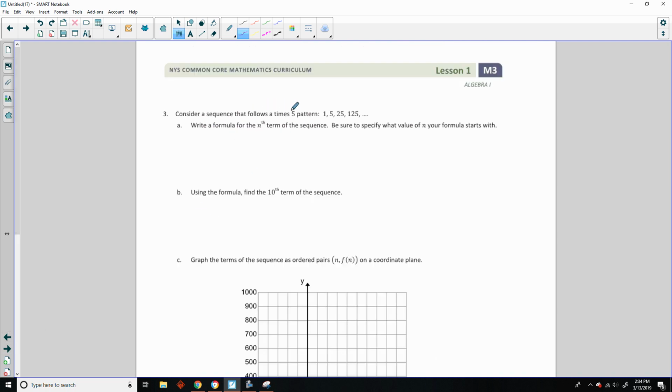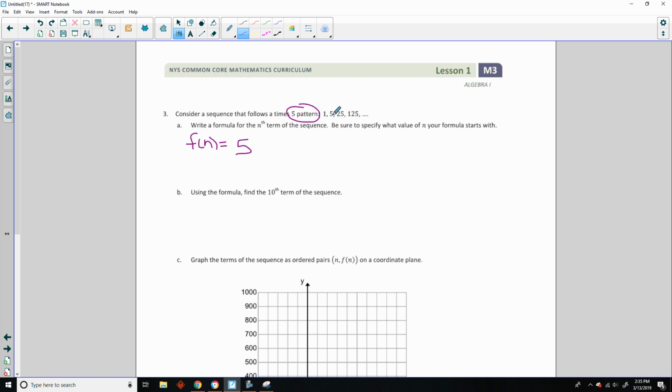Consider the sequence that follows a times 5 pattern: 1, 5, 25. Write a formula for the nth term of the sequence. Be sure to specify what value of n you start with. Okay, so it's going to be f of n equals... I know this is exponential, and it's got a pattern that changes by 5, so there's going to be a 5 involved.